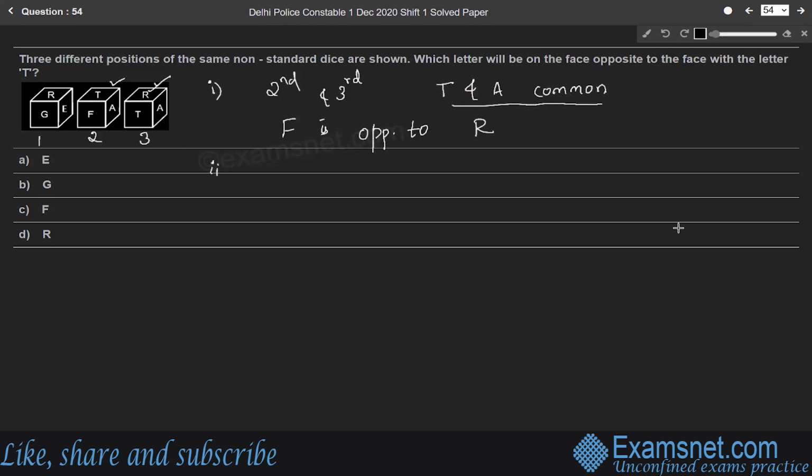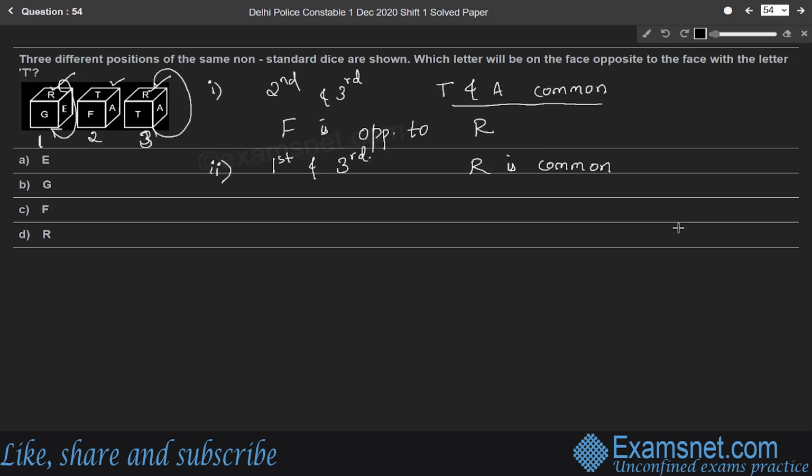And the second logic is, consider 2 positions where one letter is common, right? Consider position 1 and 3 where R is common. So in this, R is common. In such a case, let us write the positions in clockwise sequence like this.